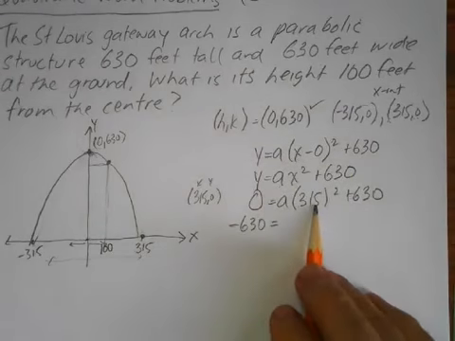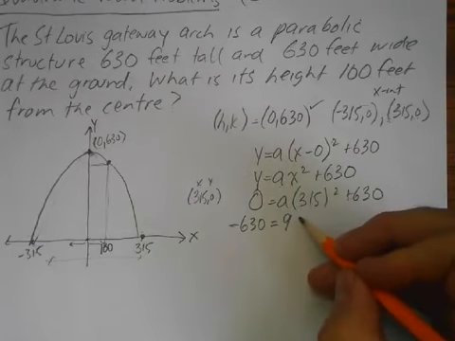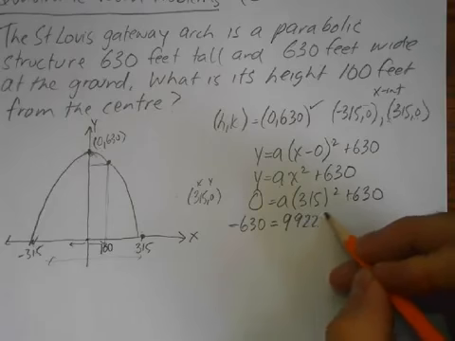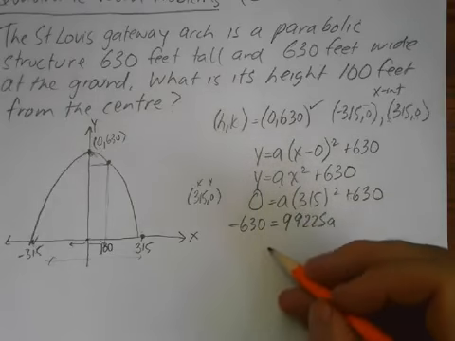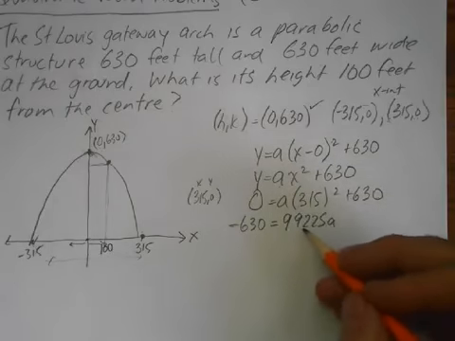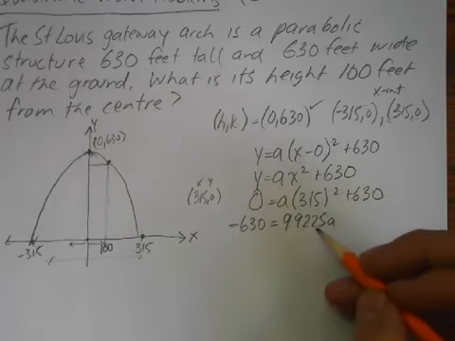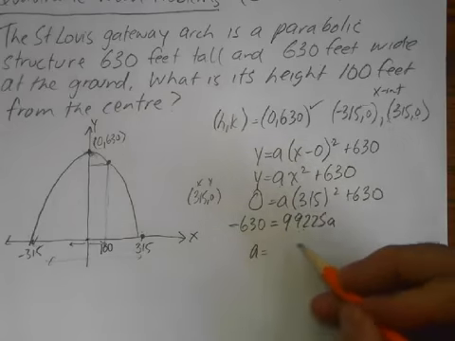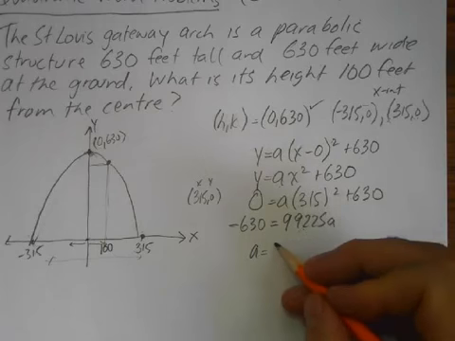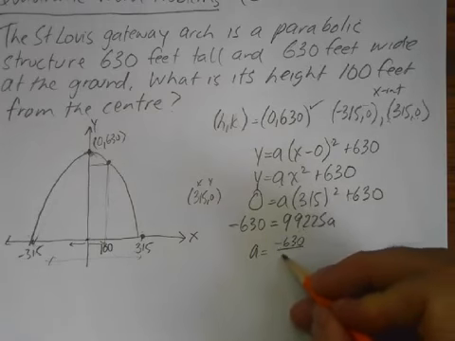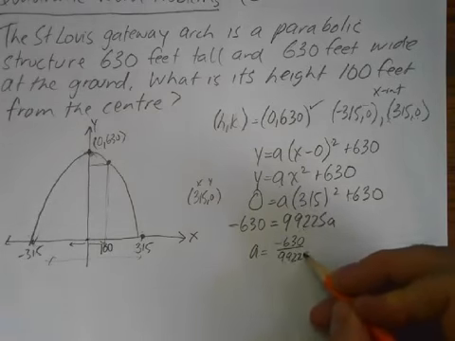Well, I'm going to want to isolate my a, so I can subtract 630 from both sides right away. And when I square the 315, I'm going to get a pretty big number, 99225a. When I divide both sides by 99225, I get a equals negative 630 over 99225.